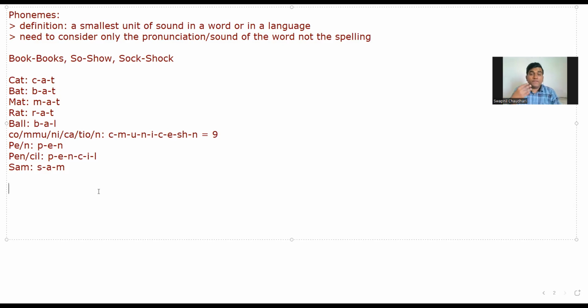Right? So for different sounds, for different phonemes, we need a different position of the mouth. So for a lot of foreign students, they just don't know how to produce these phonemes. So it is first important that we know this concept of phoneme, okay? And then I will take you to the next concept now.